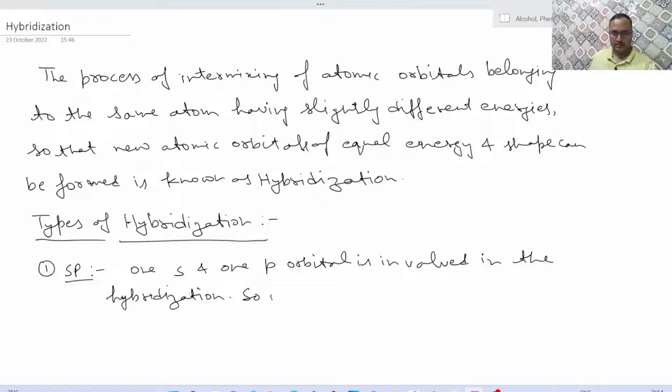So the hybrid orbital will have 50% of S character and 50% of P character.